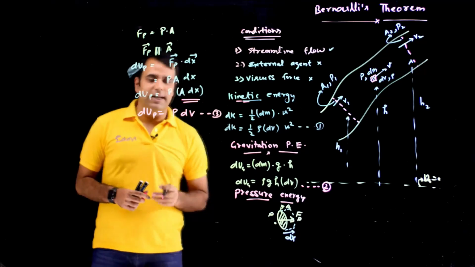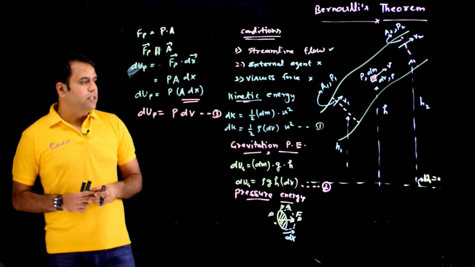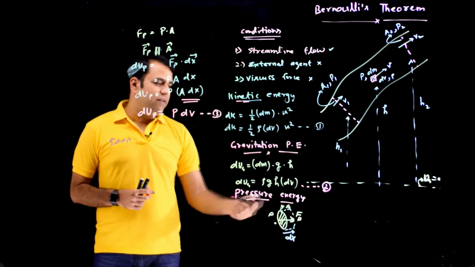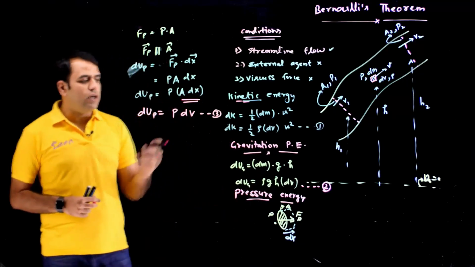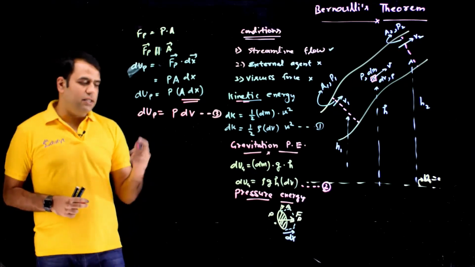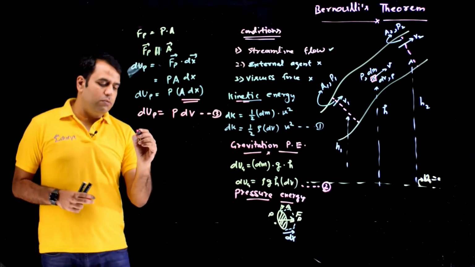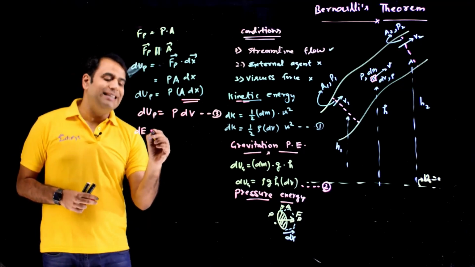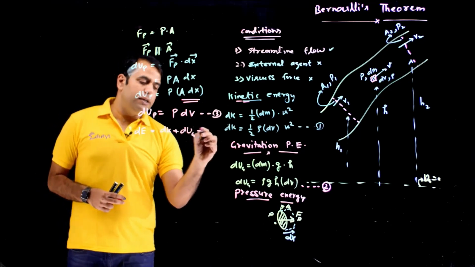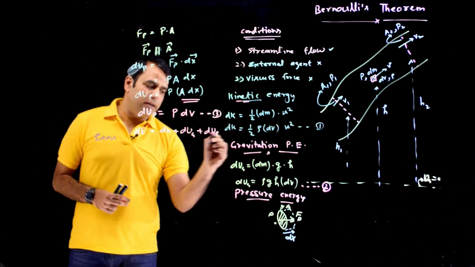This is equation 3. Okay. So we have calculated the kinetic energy, the gravitational potential energy, and we also have calculated the pressure potential energy. Let's write the mechanical energy now. So for that test volume, we will write the mechanical energy dE, and that will be equal to dK plus dUg plus dUp.